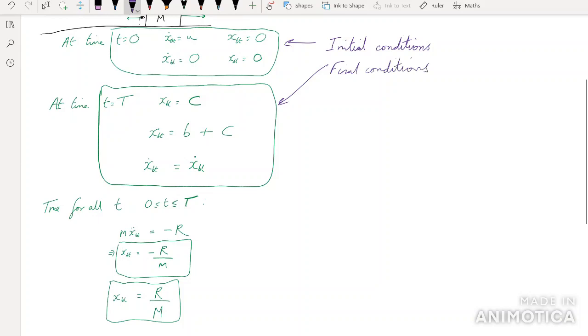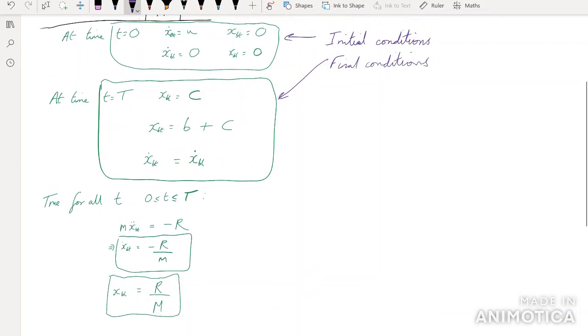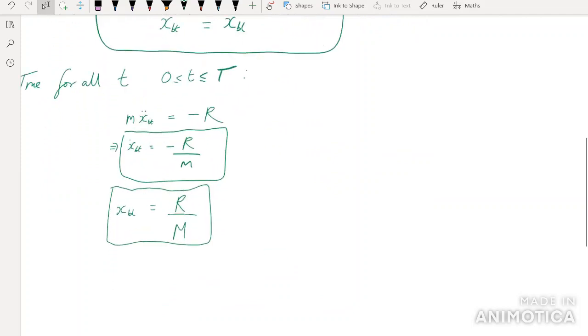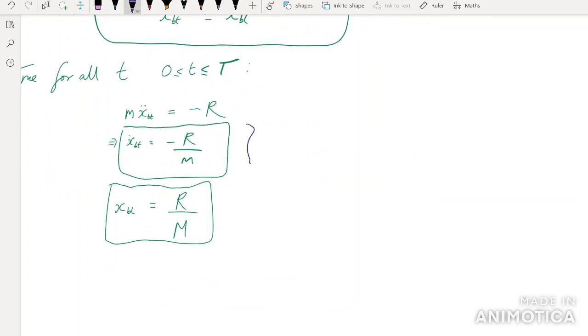And so usually when you get stuff like at time t equals 0, this thing is true, that's usually used in differential equations for finding a constant of integration. And so then if we look down here, well, this is true for all time. In other words, we can integrate.